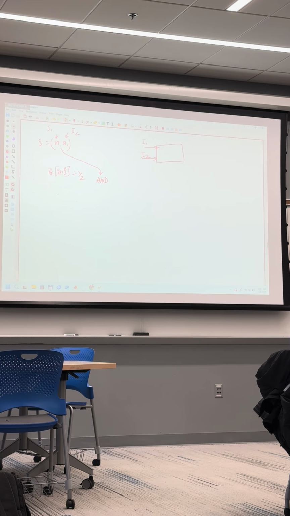Now, a packet arrived in input port number 2. That packet A1, this 1 represents that this packet went to output port number 1.